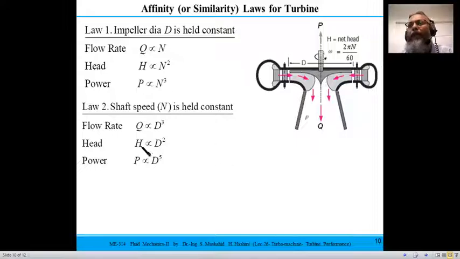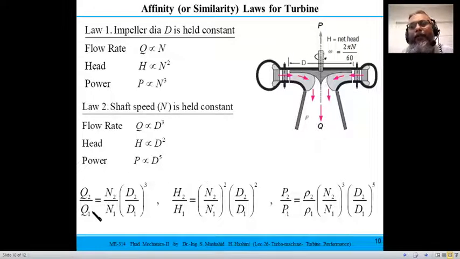So at different heads with the same geometry you could run at different speeds and get different powers. The laws are exactly the same relation as for the pump, because you know power is rho g h q.